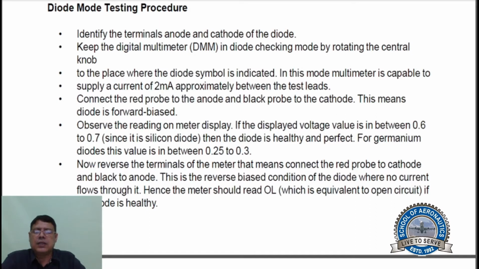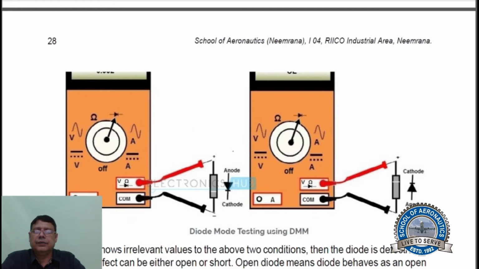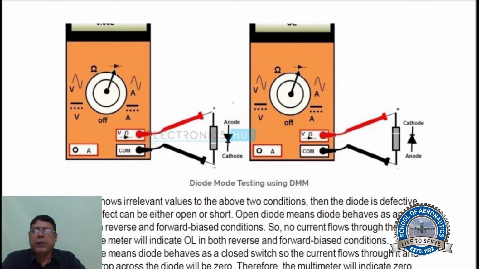This is the reverse bias condition of the diode, where no current flows through it. Hence the meter should read OL, or in a DMM it shows 1, which is equivalent to open circuit, if the diode is healthy. If the meter shows irrelevant values in the two conditions, then the diode is defective.